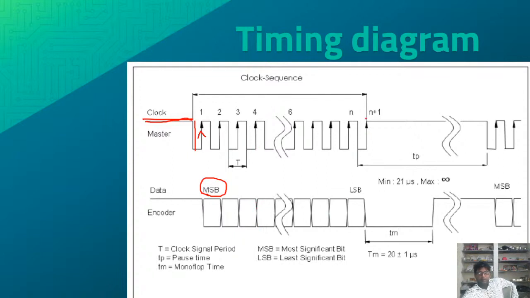As I told, I am taking 25 bits, so the clock will go up to 25 plus 1, 26. Then my entire LSB transmission is complete.